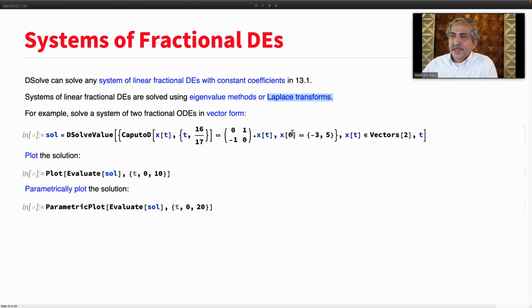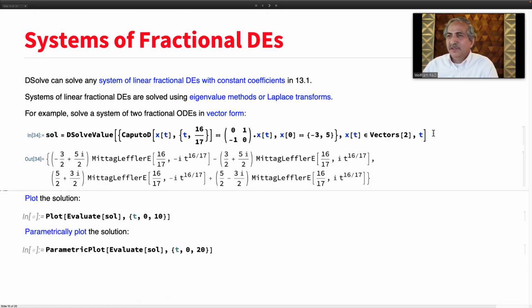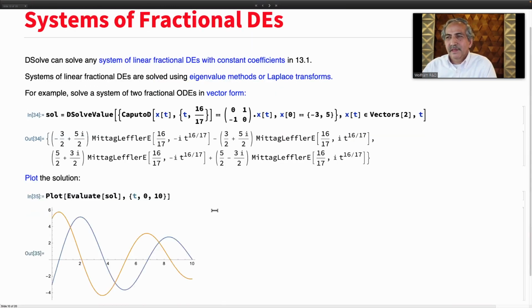Now, if you're doing ordinary calculus, then the derivative of sine is cosine, the derivative of cosine is minus sine. So the answer would be like sine and cosine, something of that sort. In this case, oh no, we got this big mess. You plot it, and now it looks hopefully a little more understandable. There you are.